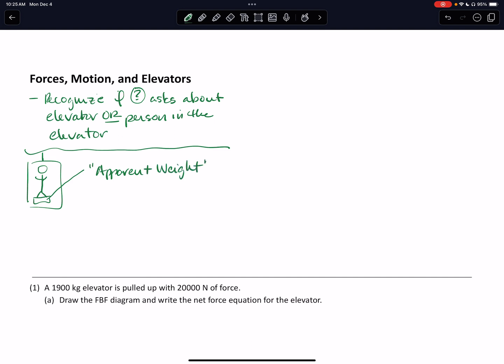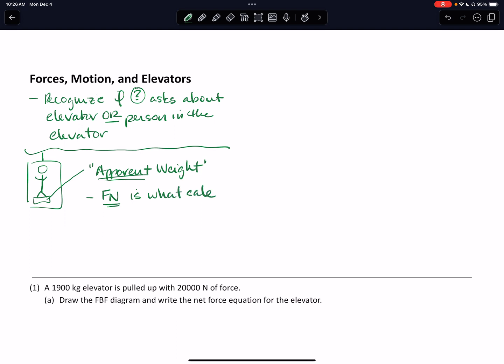The reason they put the word apparent in here is that the weight that the scale reads for you can change depending on whether you're moving up or down. Now, we know that gravity never changes. Therefore, the force due to gravity, which is the weight, also cannot change. So what the bathroom scale is actually reading in the elevator is not your weight per se, but it's the normal force.